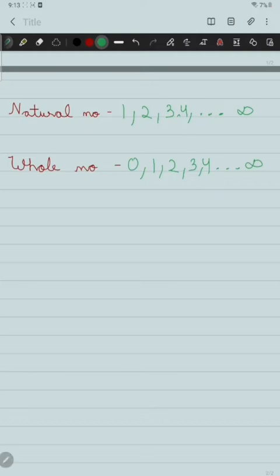And there are some more topics that we would be studying, like odd numbers. Odd numbers are the numbers which are not divisible by 2. For example, 1, 3, 5, 7, 9, 11 till infinity.